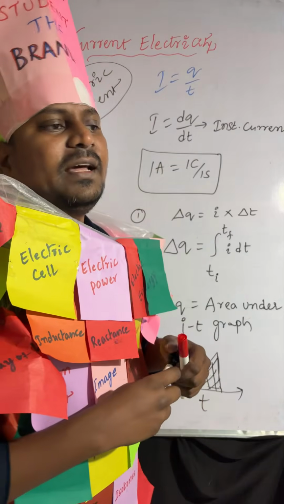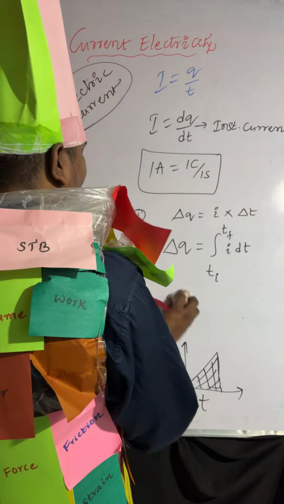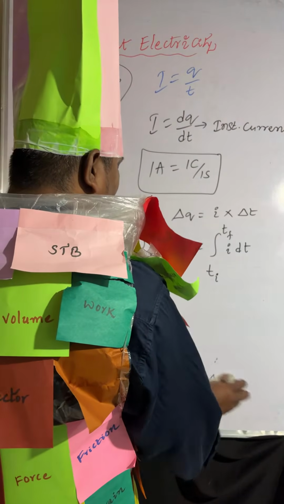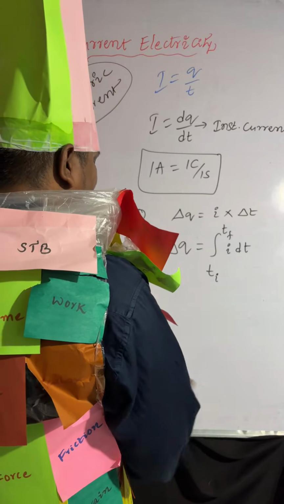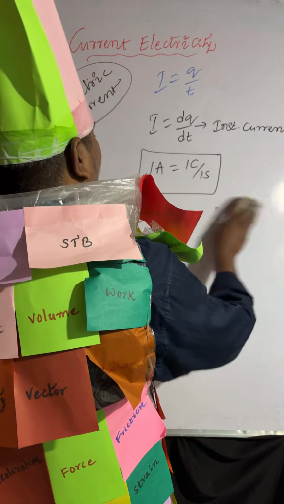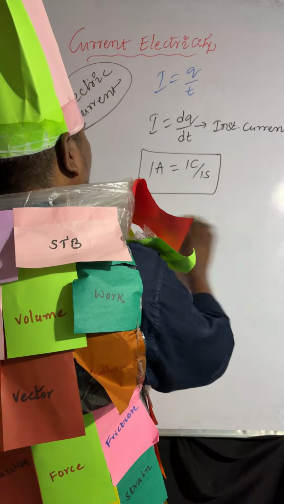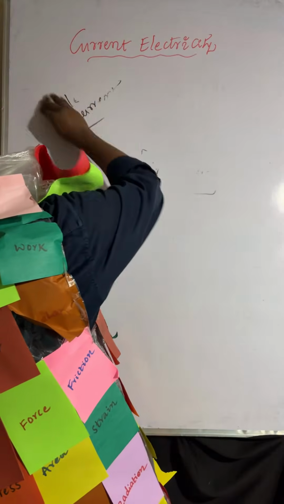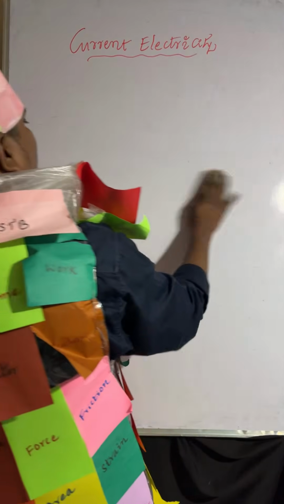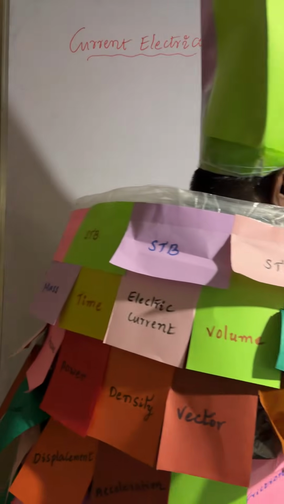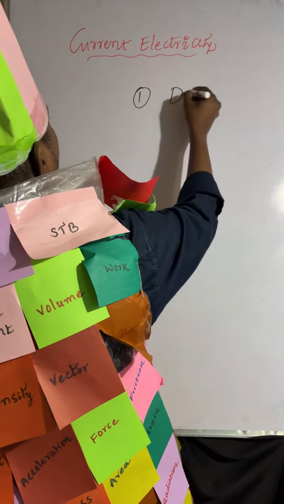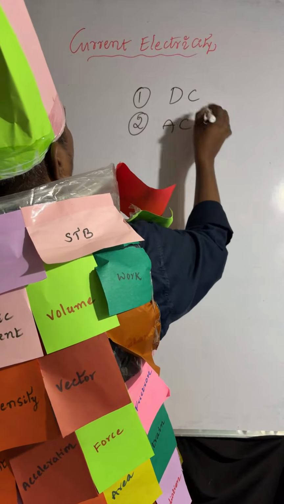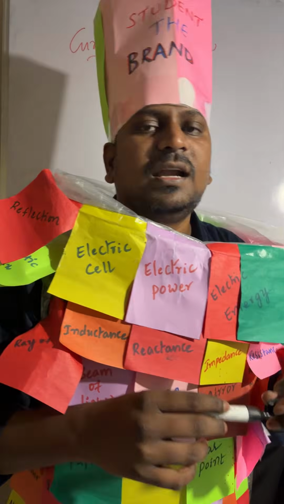Based on the magnitude and direction, current can be divided into two types: DC current and AC current, that is, direct current and alternating current.